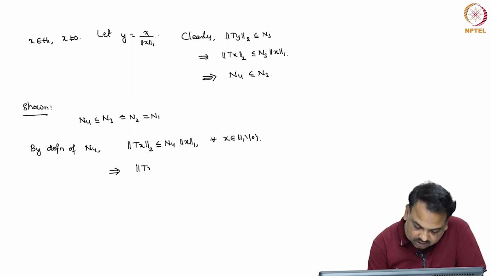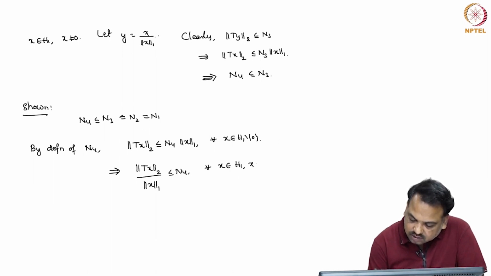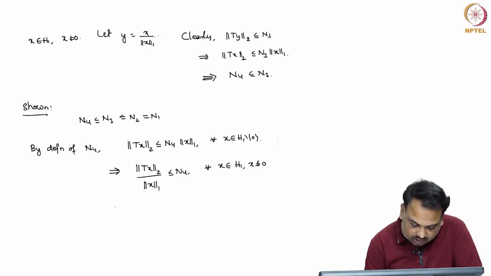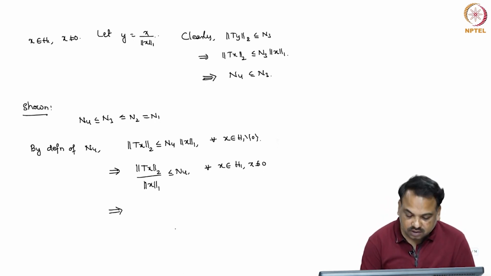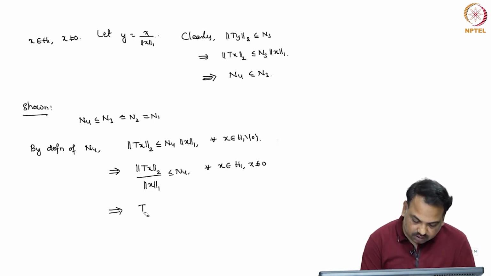So norm Tx by norm x is less than or equal to n4 for every x in H1, x non-zero. Hence, the left hand side depends on x and the right hand side is a fixed quantity. So this is true even if you take the supremum on the left hand side. So this says that n1 is less than or equal to n4.